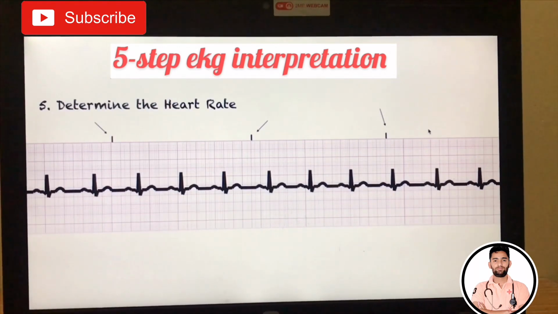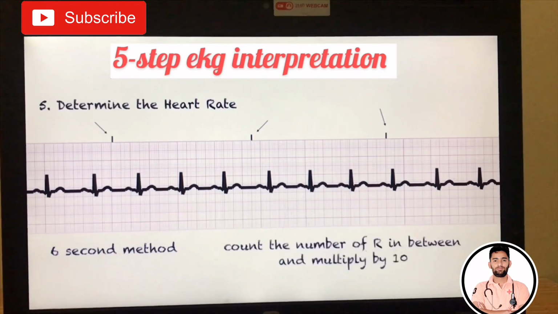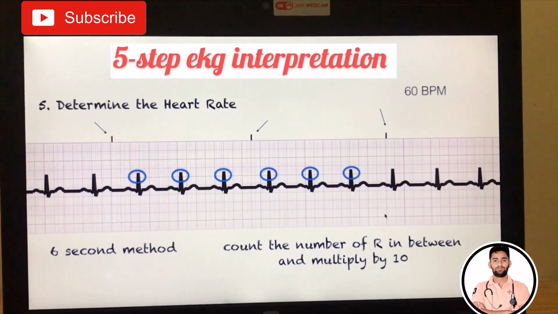The reason why this is important is that if it is a 6-second strip, then we can do a technique called the 6-second method. We count the number of R's between these 3 lines right here and multiply by 10. So we have 1, 2, 3, 4, 5, 6, and multiply by 10, that gives a heart rate of 60 beats per minute. This method works best for irregular rhythms.